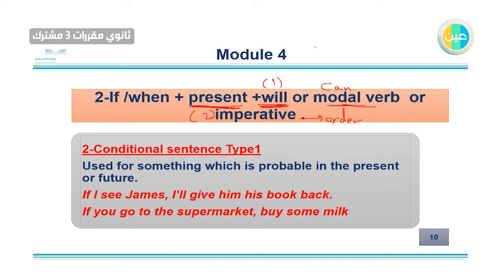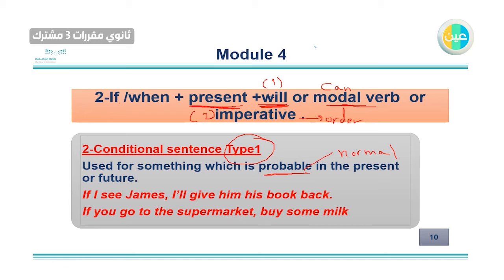Let's study it now more. Conditional sentence, we call this part type 1. So it is what? Type 1. Used for something which is what? Which is probable in the present or future. It's something normal, okay? Probable, can happen in the present or future. Like when I say, if I see James, okay?